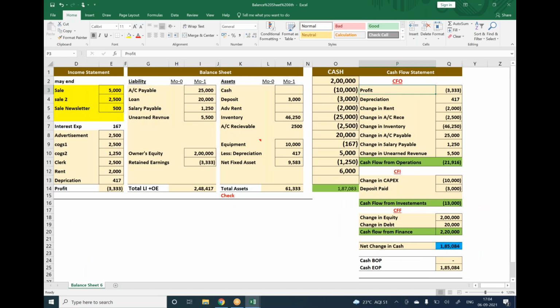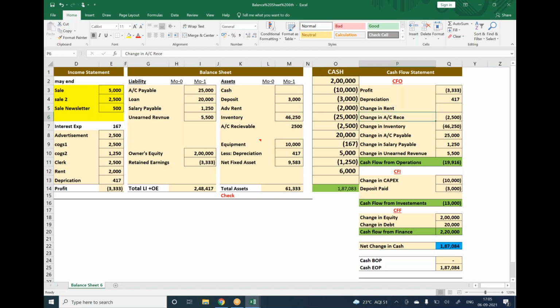So first, the profit is 333, depreciation is 417, change in the rent. Now again, this will not come into the picture, right? Change in rent is an expense which is not related to your CFO.